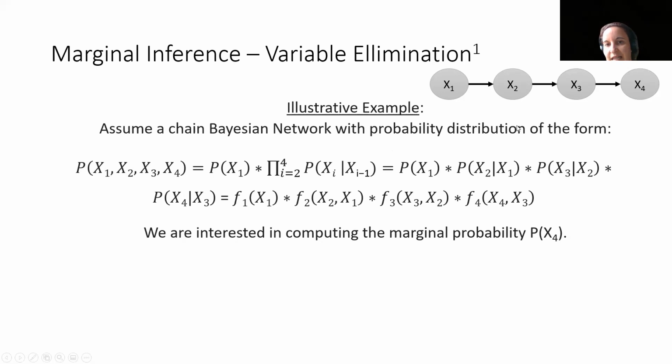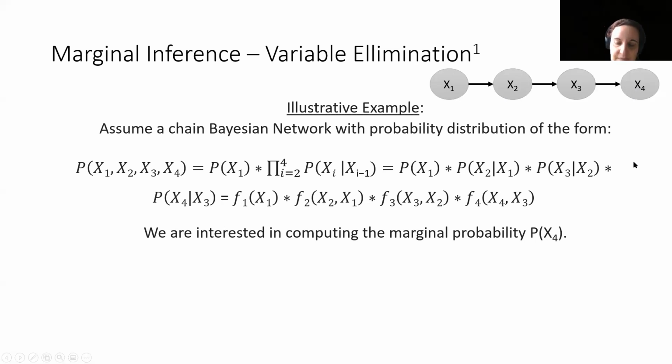And the graph tells us that the division into factors is P(x1) multiplied by P(x2 given x1), multiplied by P(x3 given x2), multiplied by P(x4 given x3). The reason for this is because from the graph we know which variables are independent given other variables. For example, x4 and x2 are independent given x3.